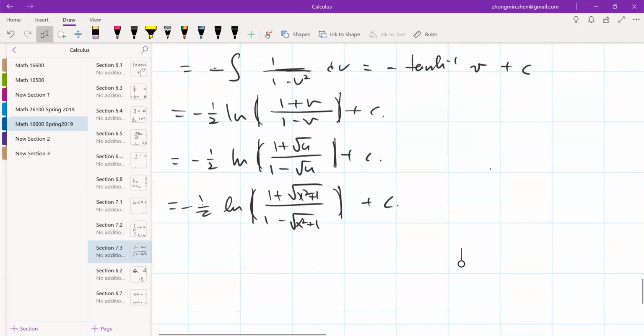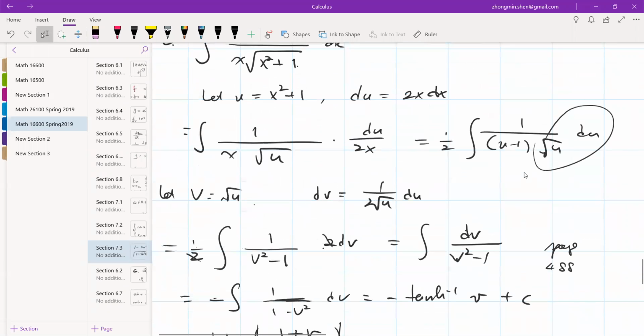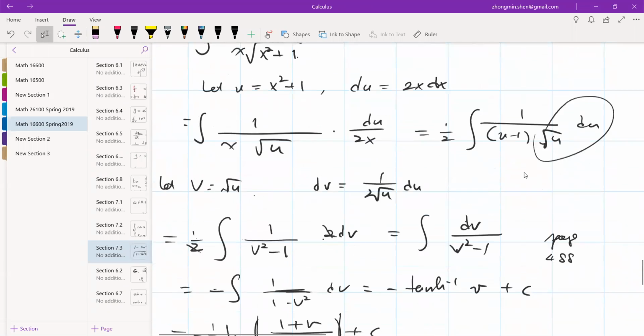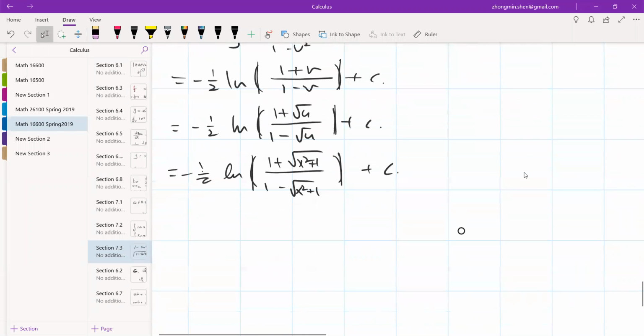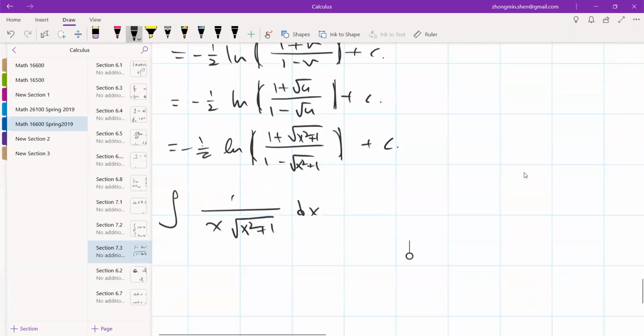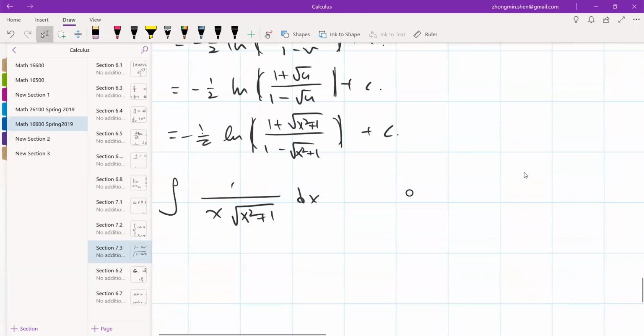Now, since our problem is in x, we may try to use a trigonometric substitution. Maybe it works. It's different from the problem in the book, so you can try another one. Let x be tangent theta.